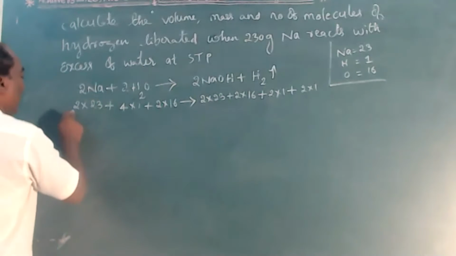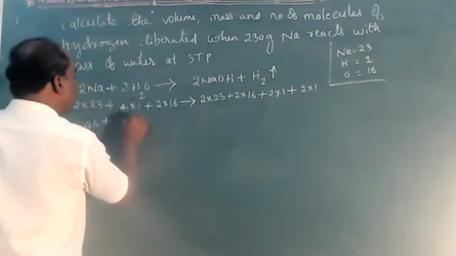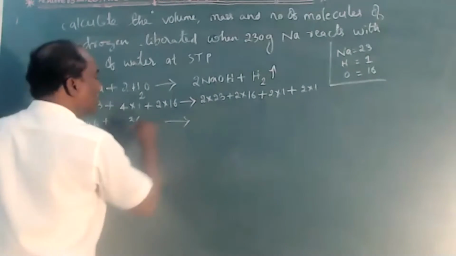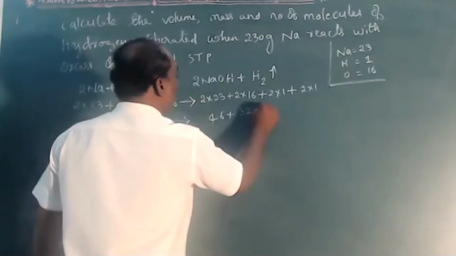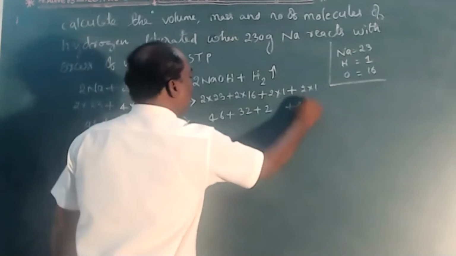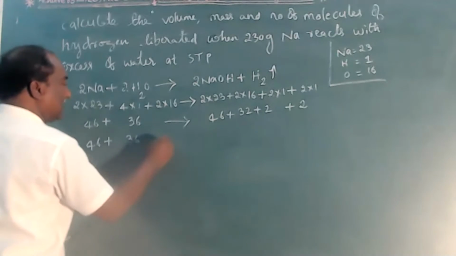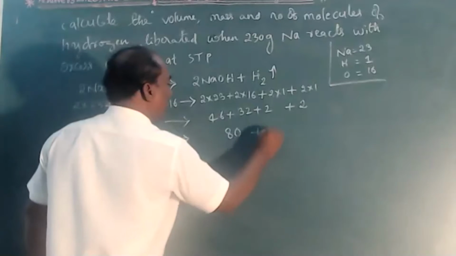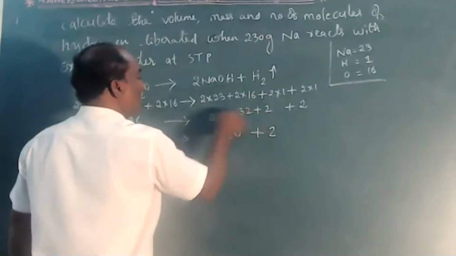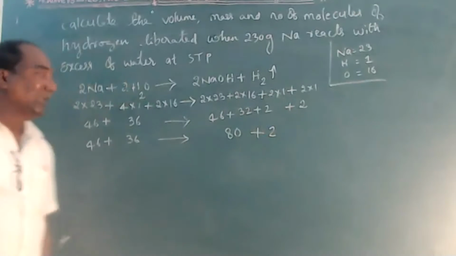Now 2 into 23 is 46, plus 4 and 32, 36, gives rise to 46 plus 32 plus 2 and plus 2. 46 plus 36 gives rise to 80 plus 2. The entire total is 80 plus 2, that is 82.